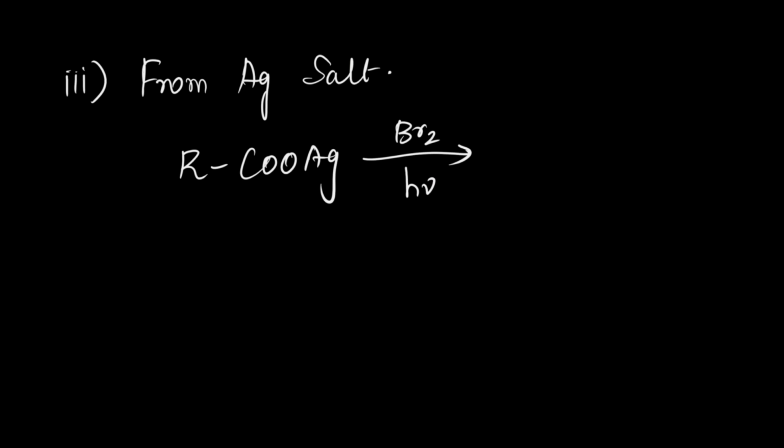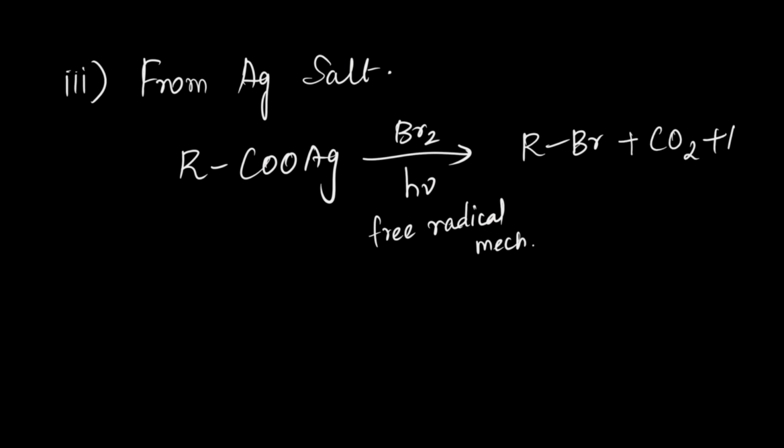Whenever sunlight or h nu comes, it will undergo a free radical mechanism: chain initiation, propagation, termination, we all know, right? We have learnt about it in hydrocarbons and JEE chapters. So it will form RBr with CO2 and AgX. We do have a name for this reaction, which is called the Hunsdiecker reaction.